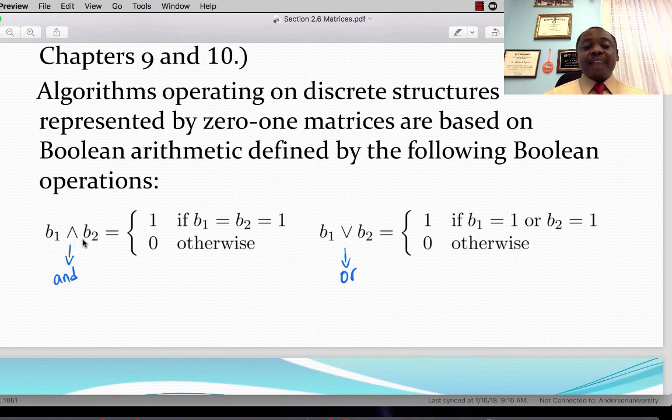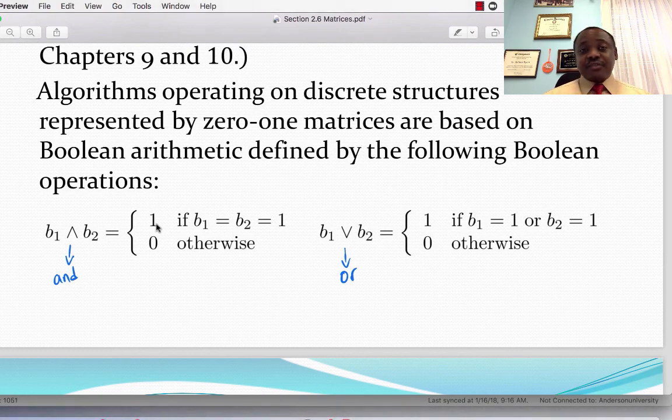Well, B1 and B2 would just be 1. Recall back in chapter 1 when we dealt with logic. True and true was true. True and false was false. The only time that AND is true is when both P and Q are true. Otherwise, it's going to be false. So picture that in the same light where 1 would be true and 0 would be false. Okay?